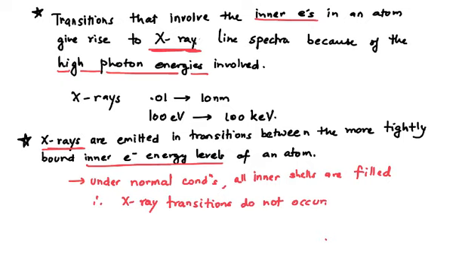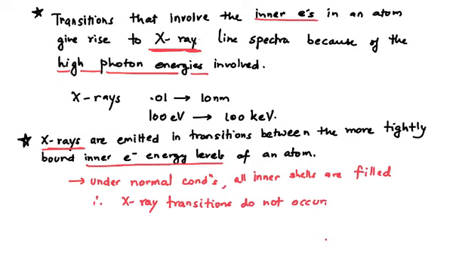Now, under normal conditions, when you are filling up electrons, what do you do? You first fill up the inner shells and then go to the upper or outer shells, right? So under normal conditions, all inner shells are filled, and that's why X-ray transitions do not occur.